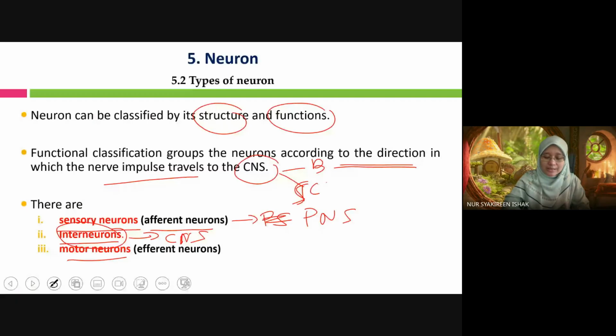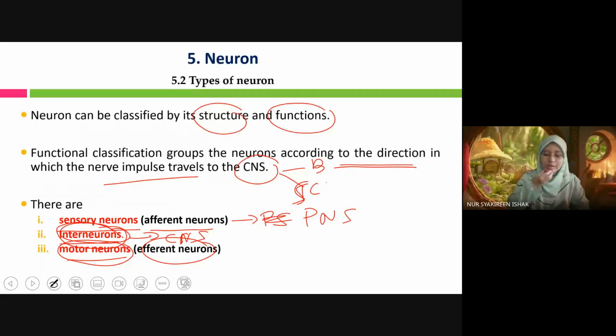The interneuron is in the central nervous system, the brain and the spinal cord. The function of the interneuron is to interpret what is happening and what corrective mechanism should be carried out. That instruction, the electrical signal, will be transmitted to the motor neuron, the efferent neuron, so that it can carry out the corrective mechanism.